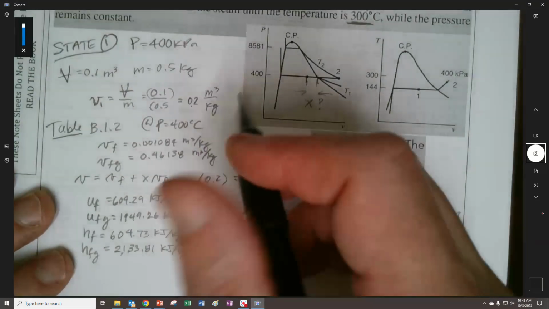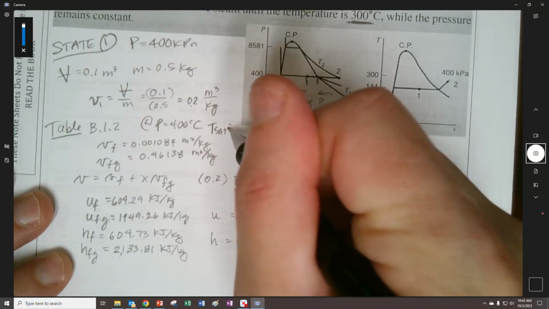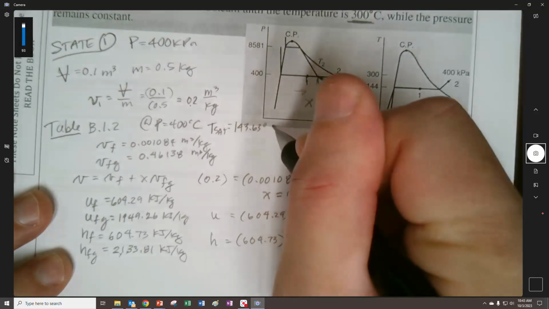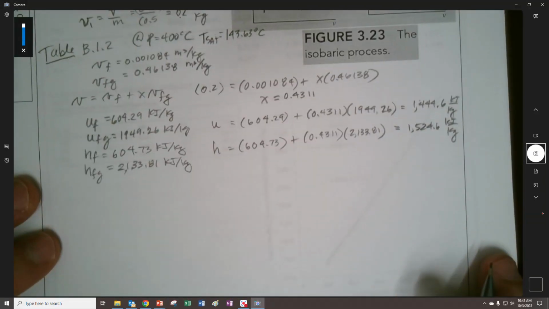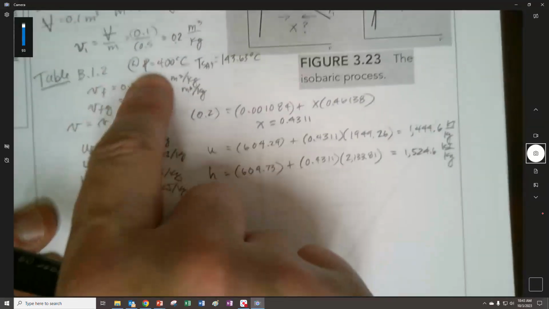And somewhere up here, I should have written that Tsat was equal to 143.63 degrees Celsius. All right, so I have all my information for state 1. Let's go to state 2.